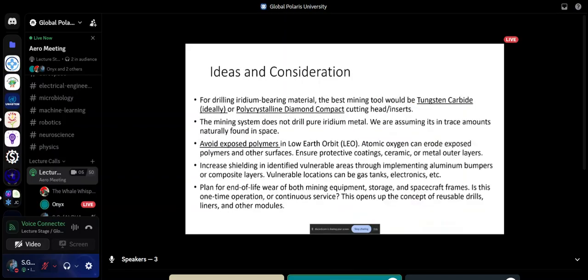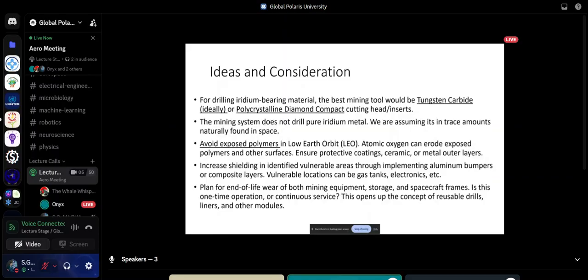Now, ideas and considerations that I just had in mind was when it comes to drilling something as rough as iridium, for example, I would say the best tools material would be the tungsten carbide, which is what I prefer, or the diamond compact cutting inserts.